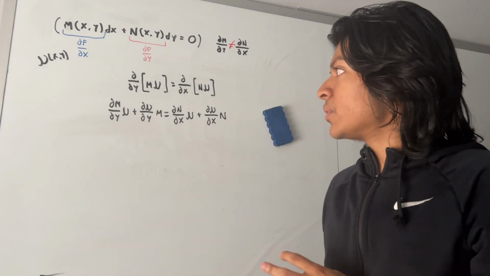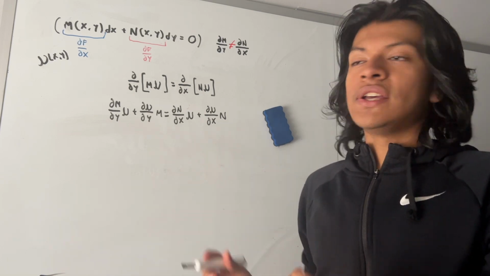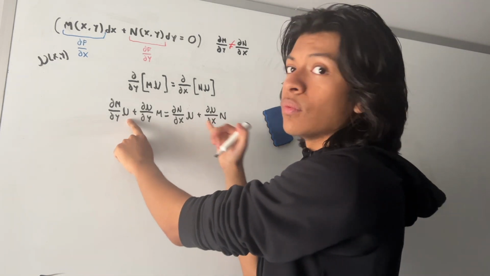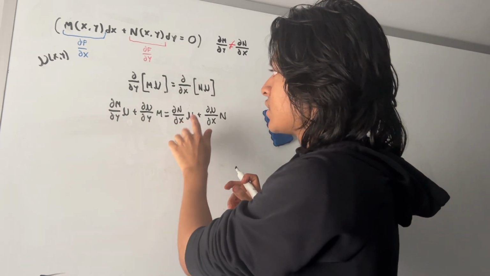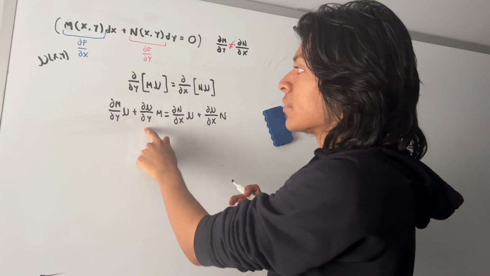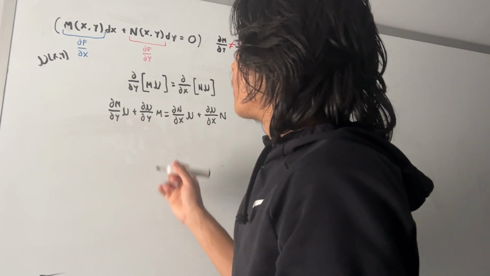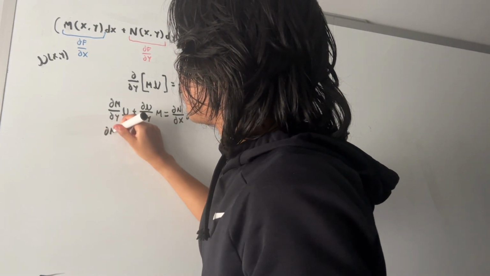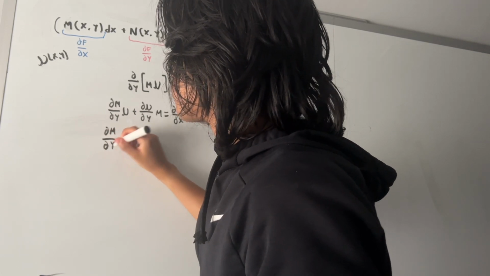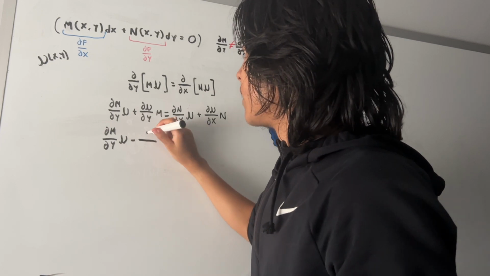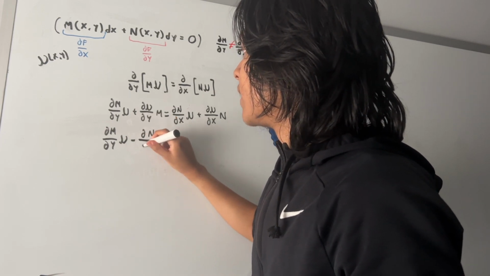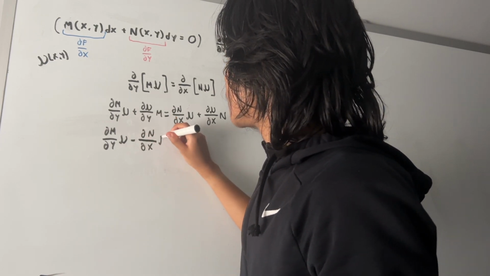So now that we're at this point, what we could do is get these u terms on one side and get everything else on the other side. So I'm going to subtract this term and this term on both sides. That will leave us with partial of M partial y times u, minus this, so we get partial of N partial x times u.